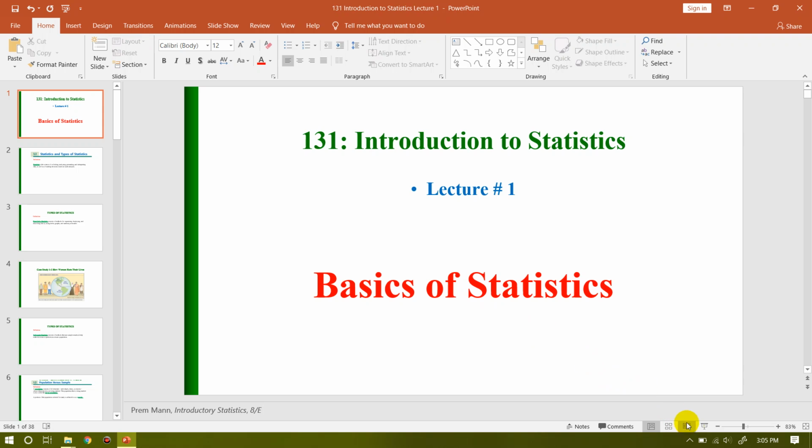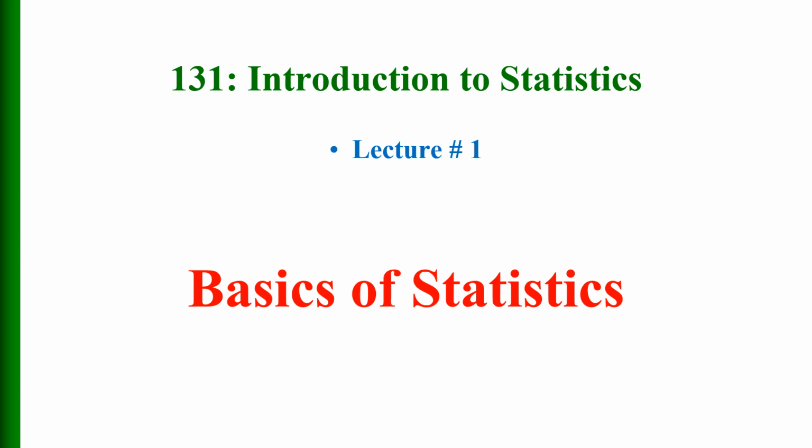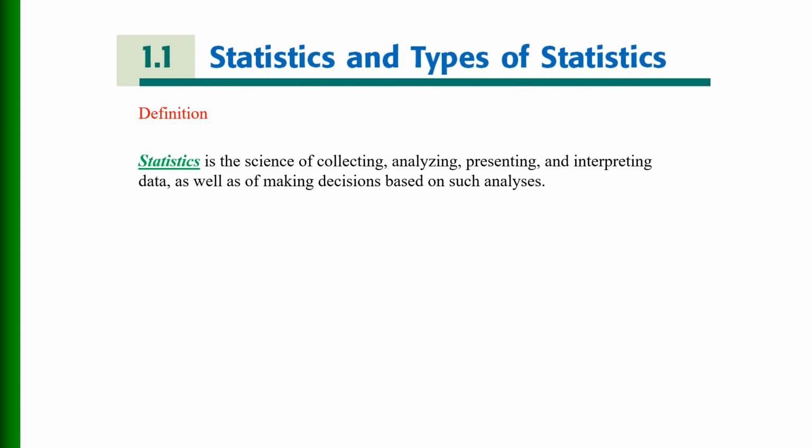So ladies and gentlemen, let me start with the definition of statistics. Statistics is the science of collecting, analyzing, presenting, and interpreting data, as well as of making decisions based on such analysis.